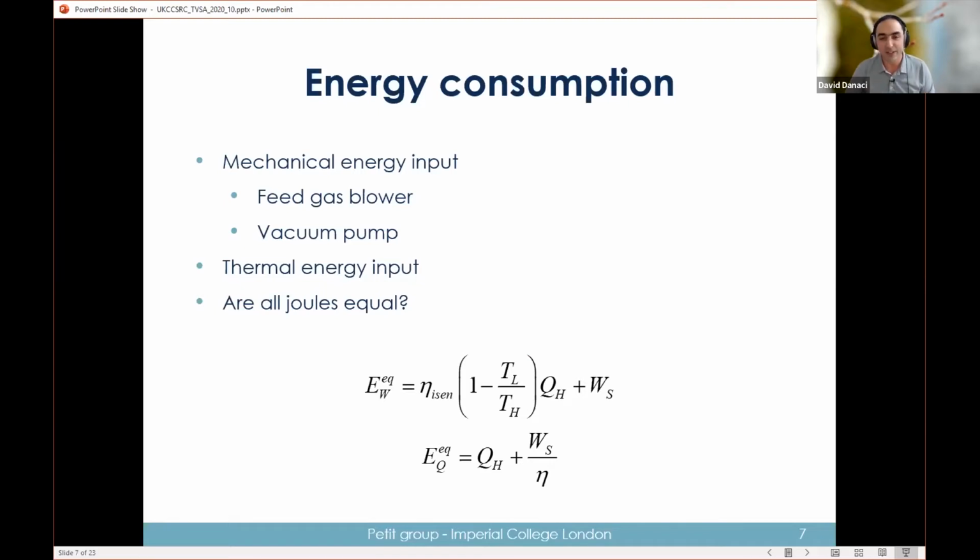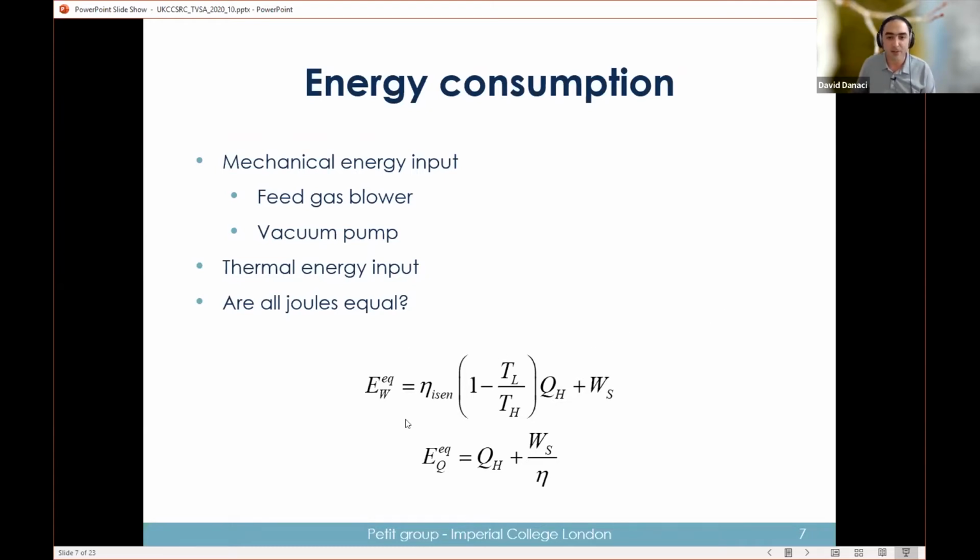Which brings up the question, are all joules equal? I don't necessarily believe they are. Some joules are more valuable than others. So you need to employ a method to have everything on the same basis. The two common approaches are listed here.